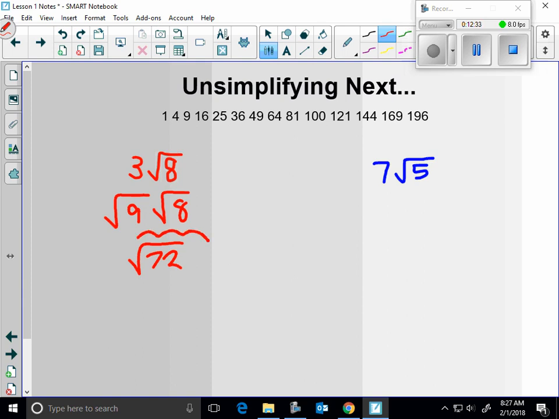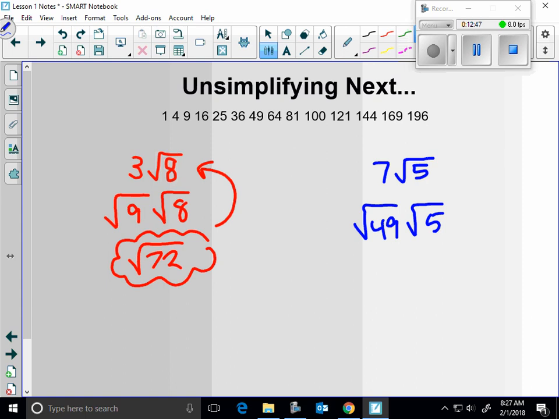This is the unsimplified version of that. 7 is the square root of what? 49. 49 times 5, that's 245, I believe. So 7 root 5 is equal to the square root of 245.